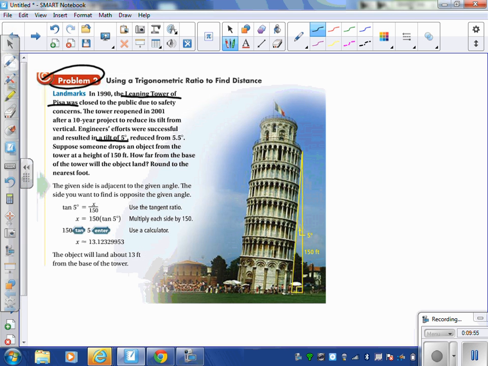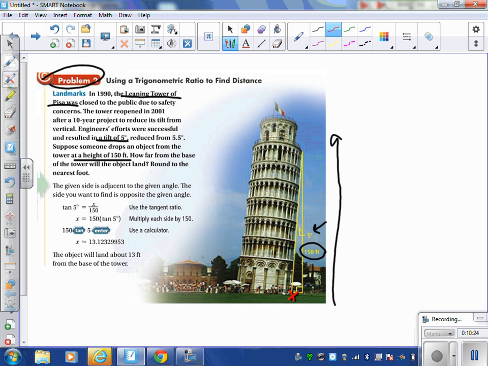The height is 150 from the ground all the way up. How can we use the information that we were shown before to find the distance x down here at the bottom?